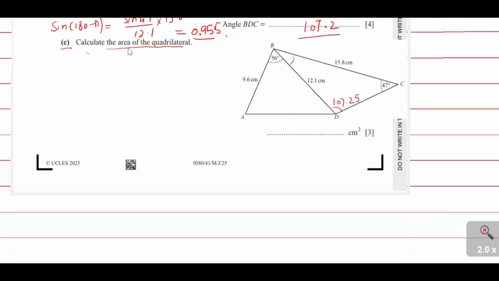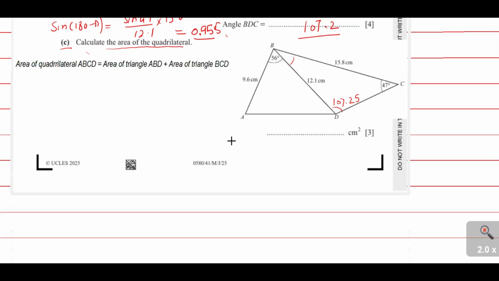Next, part C, calculate the area of the quadrilateral. Look here, this is the quadrilateral ABCD, and this area of quadrilateral we can calculate. Firstly, we will calculate the area of triangle ABD. Next, we will calculate the area of triangle BCD. We can write the area of quadrilateral ABCD equals area of triangle ABD plus area of triangle BCD.